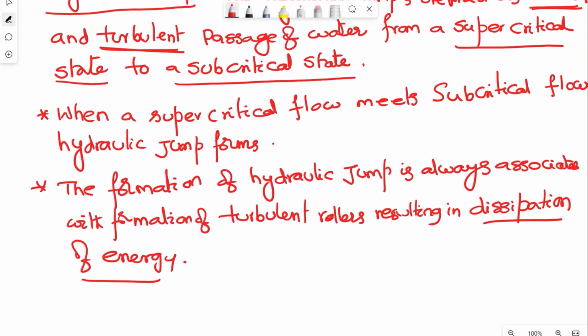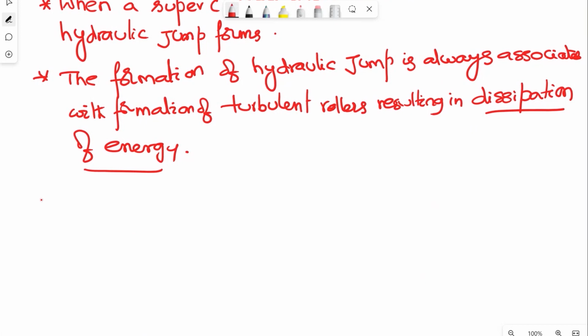So still I can make it: hydraulic jump forms. All are the same sentences.